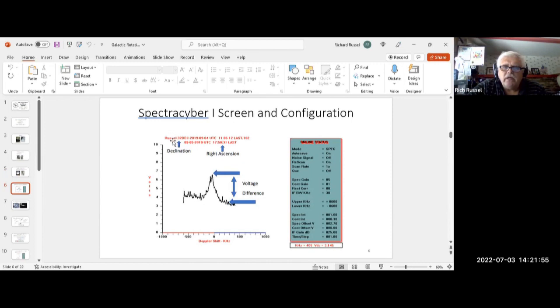Here, you can label the target. I labeled the target with the declination number because it doesn't record declination anywhere. Then I set it for sidereal time, so it records the sidereal time while it's taking data.